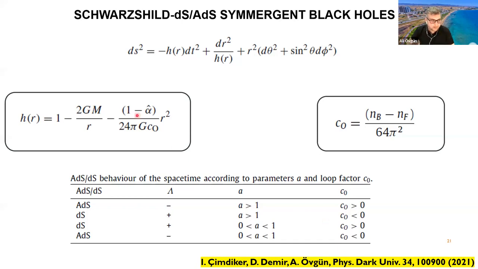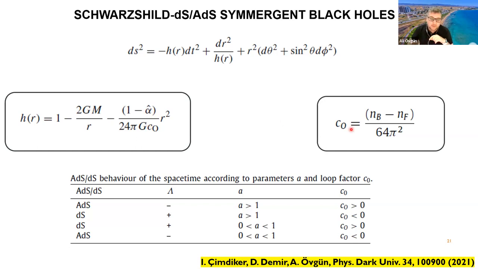Here, this looks like the Schwarzschild AdS or dS type black hole with the parameters S0 and alpha hat. This last term is nothing but the vacuum energy or cosmological constant term, and this last parameter is also a measure of how sparse the quantum theory mass spectrum is, or how significantly the distribution deviates from the average mass.